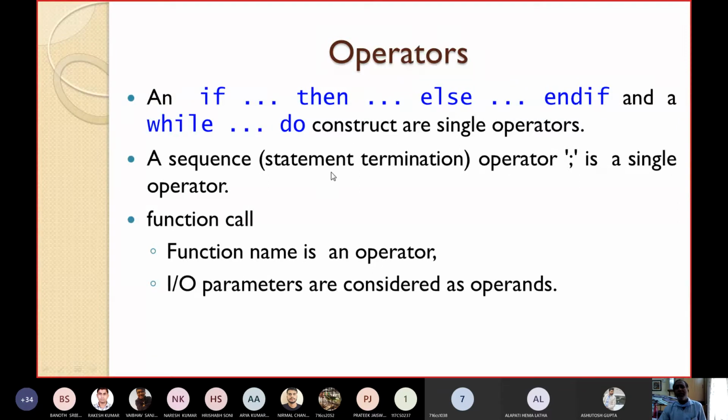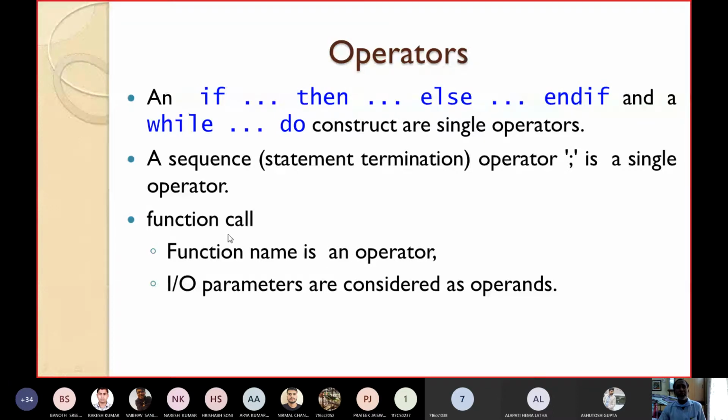Similarly, you must have used in C the statement termination operator, that is the semicolon. So the sequence or statement operator, the semicolon, is also treated as a single operator. Similarly, for function calls, the function name is an operator.